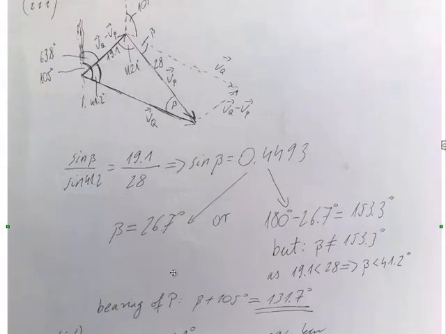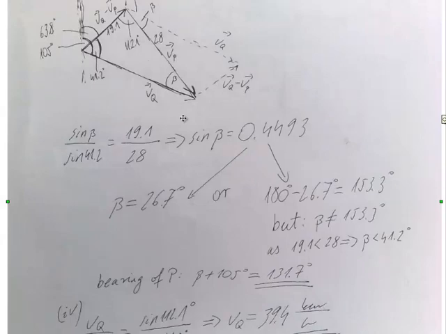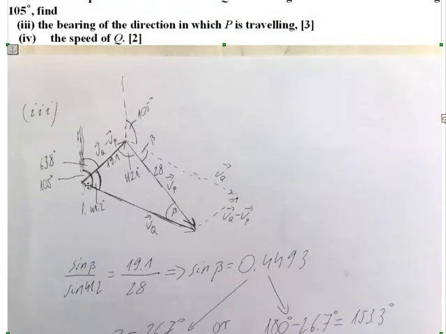So the bearing of P is beta plus 105, so it's 131.7 degrees, because this is 105 and this is 105 too, and this is the bearing of VP. And we need the speed of Q, so we need this side.